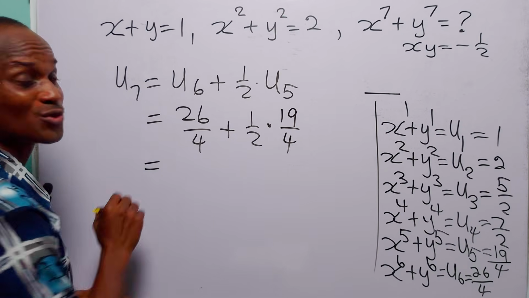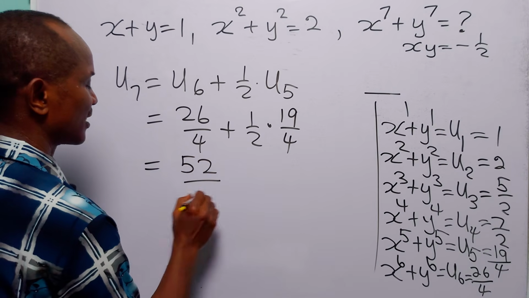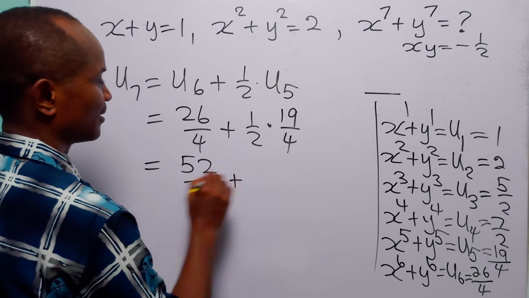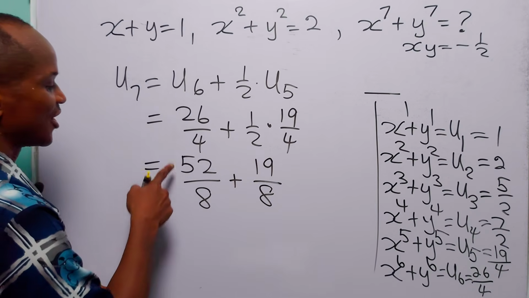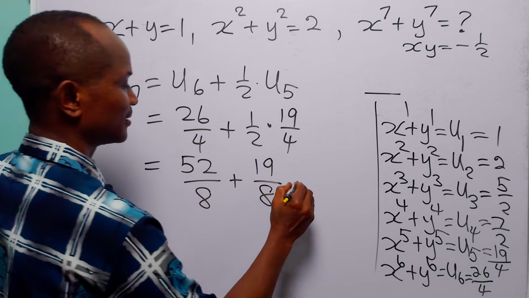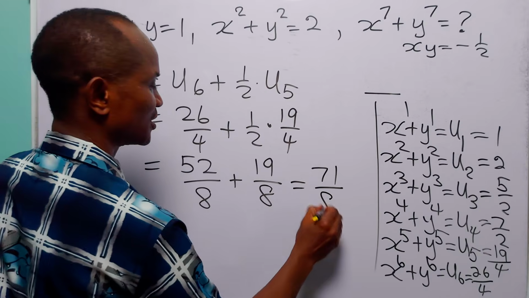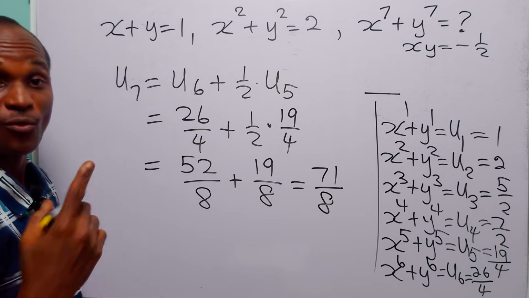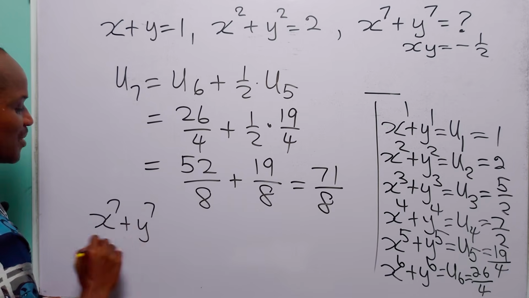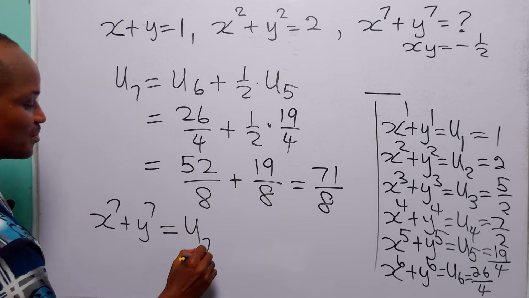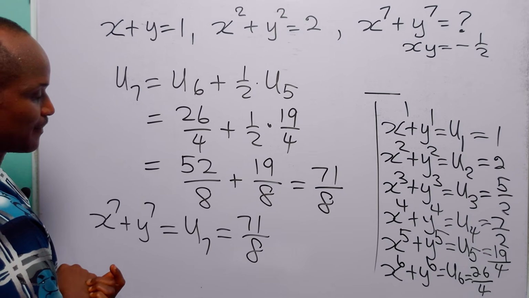Now we can write 26 over 4 as 52 over 8. 19, 2 times 4 is 8. 52 plus 19 is 71. And we have the common denominator, which is 8. So finally, we have that x raised to power 7 plus y raised to power 7, which is u sub 7, is equal to 71 over 8.